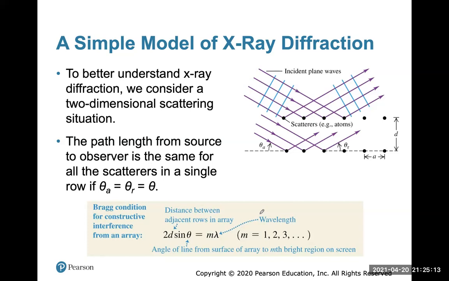Suppose we have an arrangement of atoms, scatterers, we could say. The plane waves incident. Now, this is electromagnetic waves incident on atoms, which are charged particles, essentially. The incoming electric field creates an oscillation at the atom.